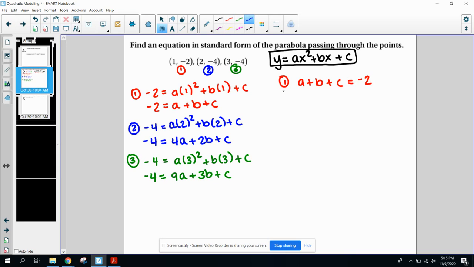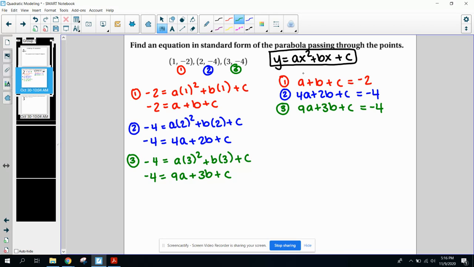My second equation, 4a plus 2b plus c is equal to -4. And then my third equation is going to be 9a plus 3b plus c is equal to -4. So now we have 3 equations.